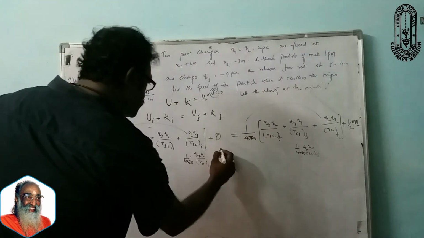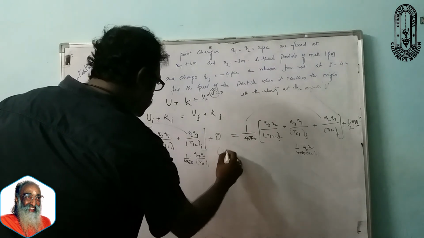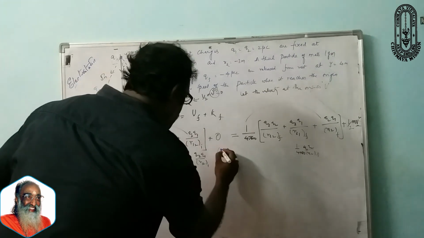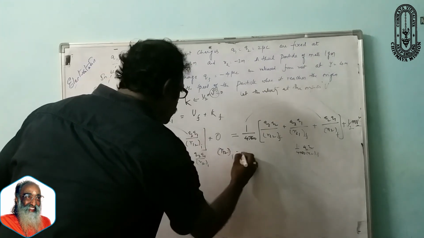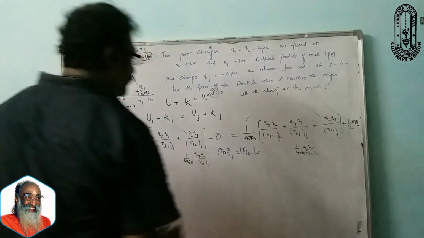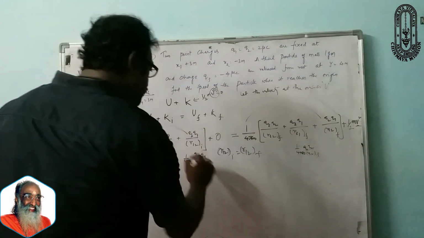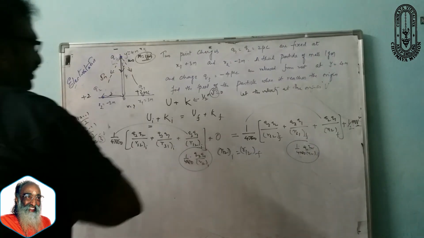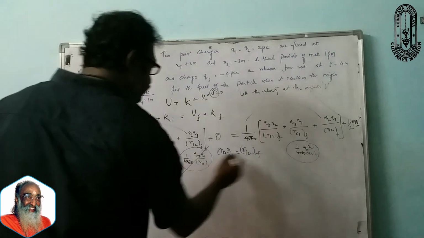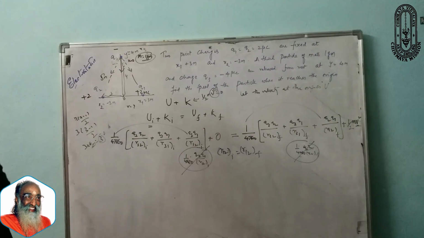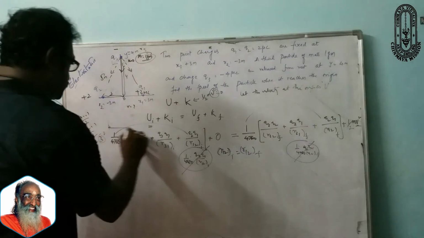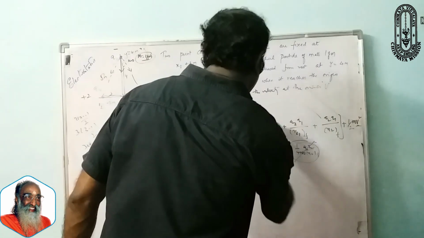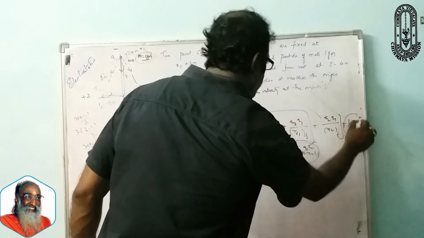This R12 initial is equal to R12 final. That means this value and this value will be same. One is on the left hand side, other is on the right hand side, so we can remove them. So what else remains here? In this one, and in this one, and plus half mv square.